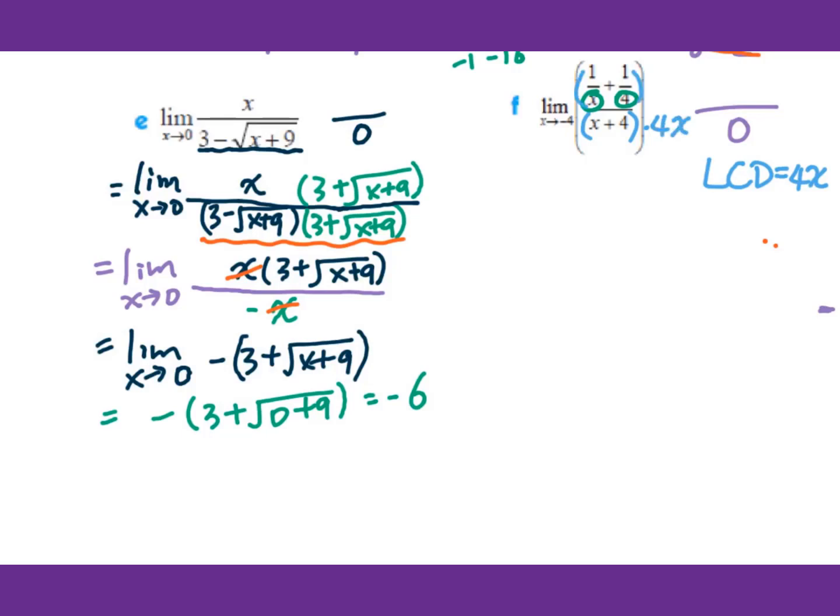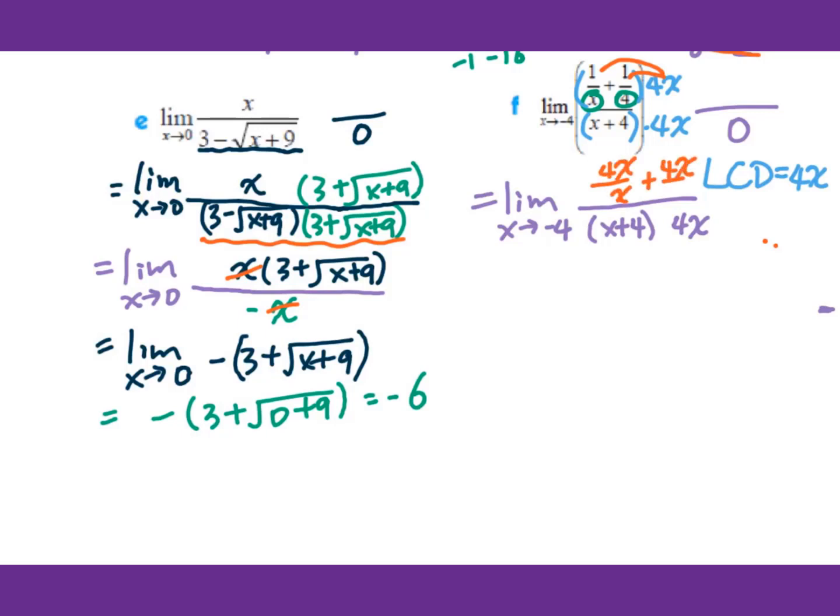Numerator, I need to multiply by 4x also. So we will get the limit as x approaches negative 4 of x plus 4 times 4x. Look at the top. 4x, do the distributive property. You have 4x over x plus 4x over 4. Then reduce.